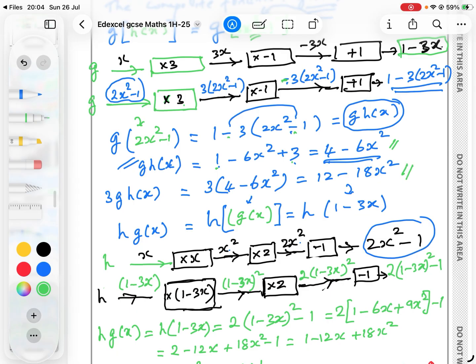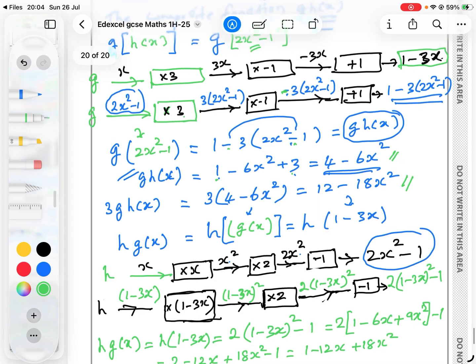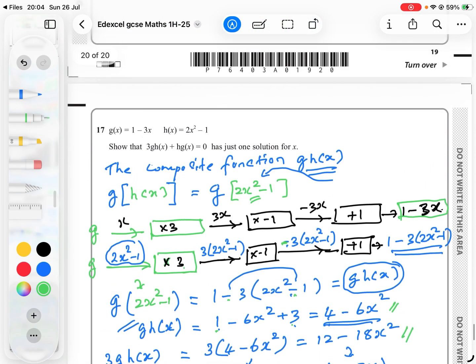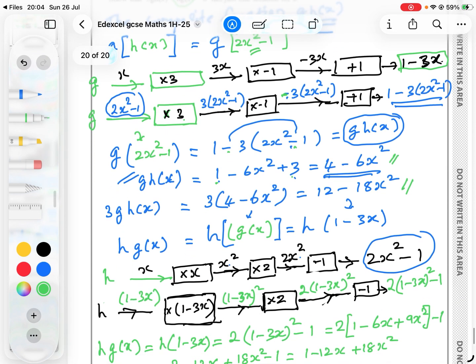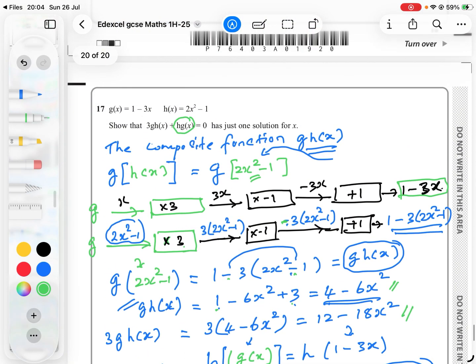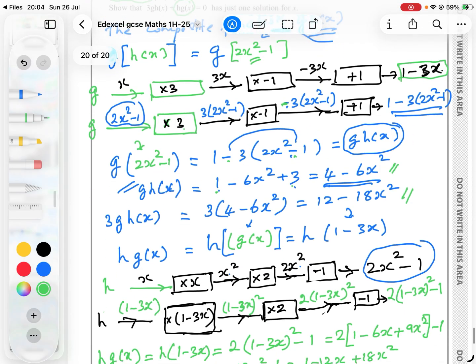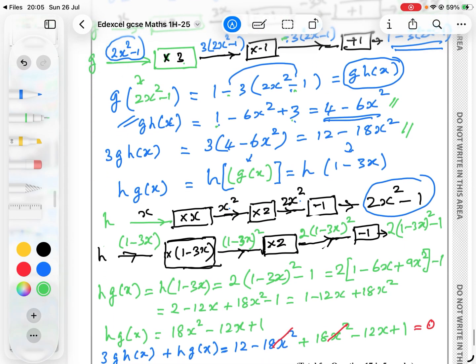So that is 3gh(x). Now according to this question, you need to work out hg(x). That is also a composite function. h is the main function, g(x) is another sub function. So hg(x), instead of g(x), you can substitute 1 minus 3x. So your input is 1 minus 3x.